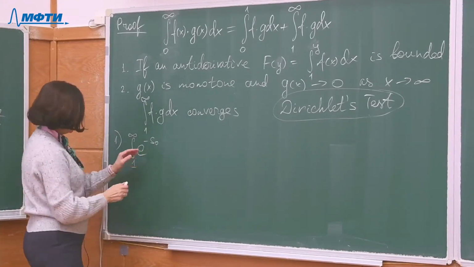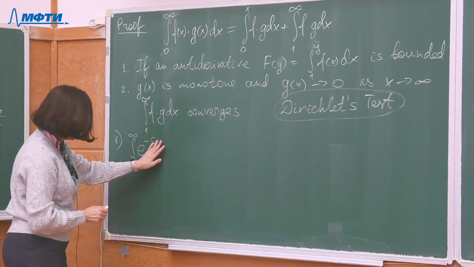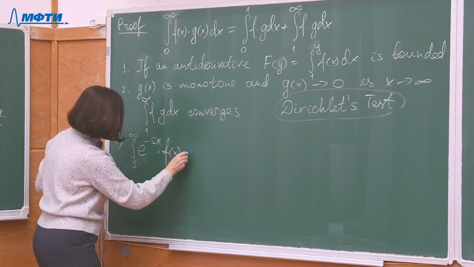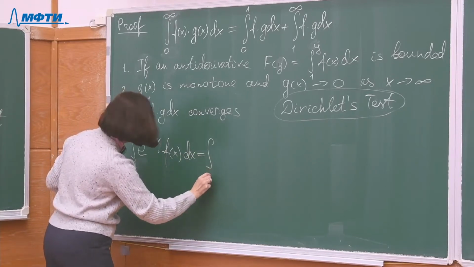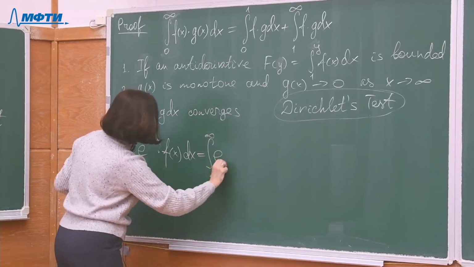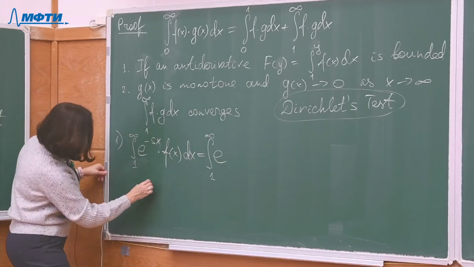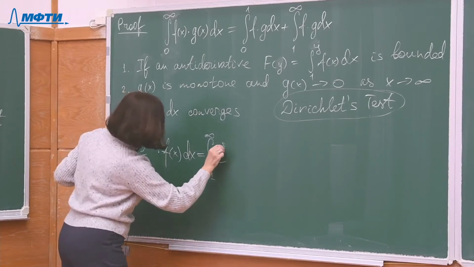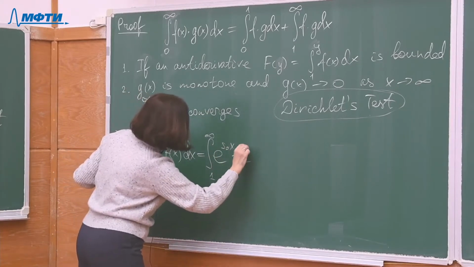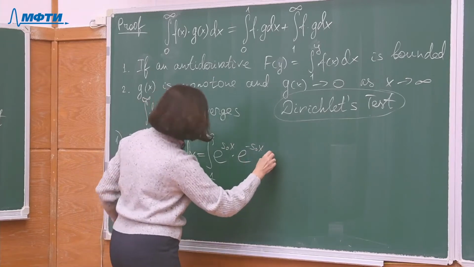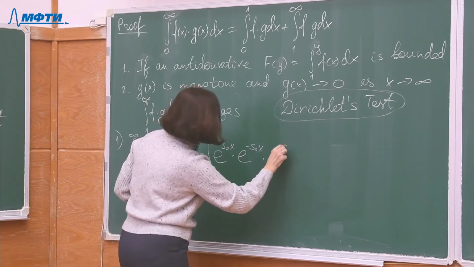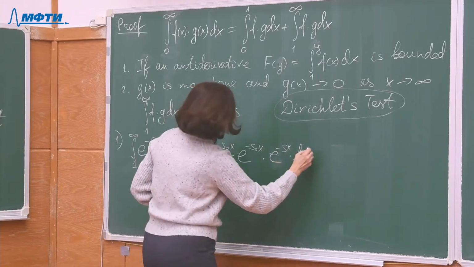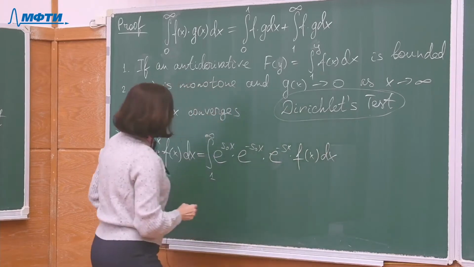Let's first start with the following. I will rewrite our integral in the following form. So I multiply and divide by e to the s0x times e to minus s0x times e to minus sx times f of x dx.